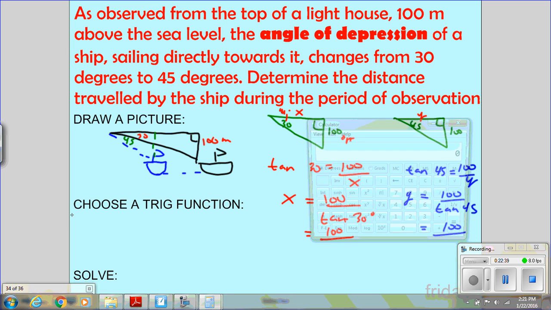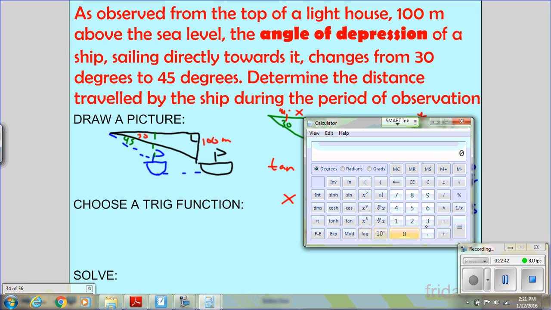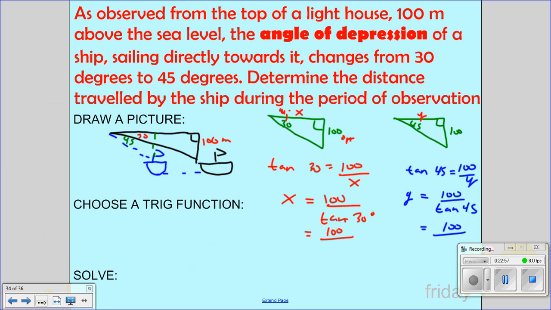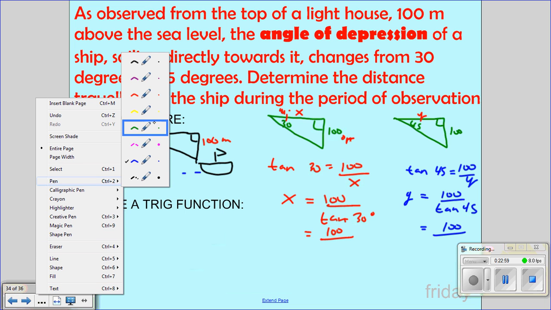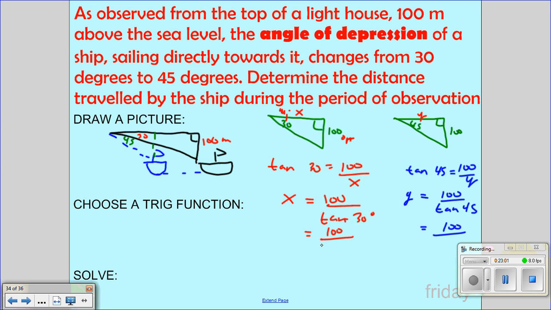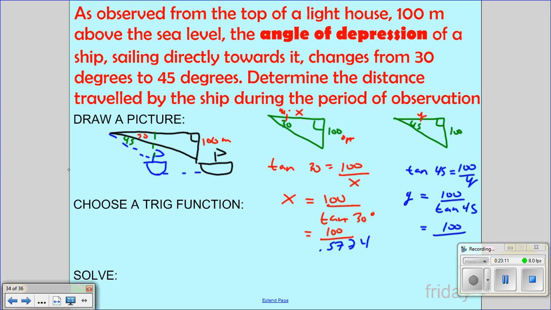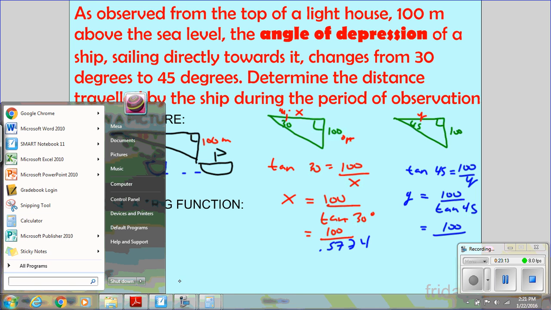So tangent of 30 will be first. And that's 0.5774. Let me write that down before I forget. And then I'm going to find the tangent of 45.